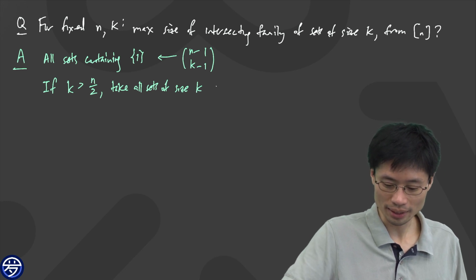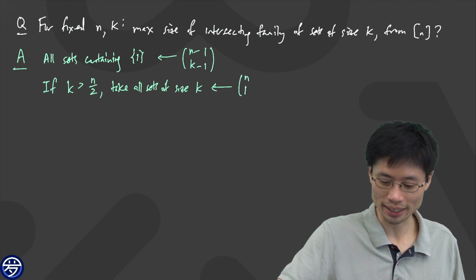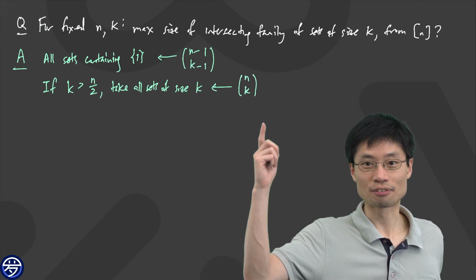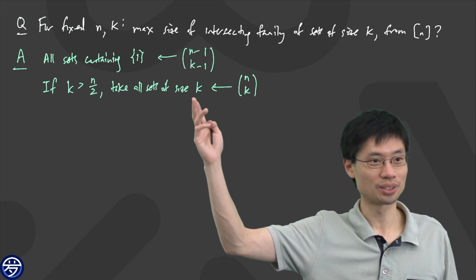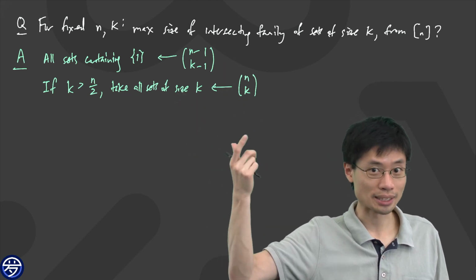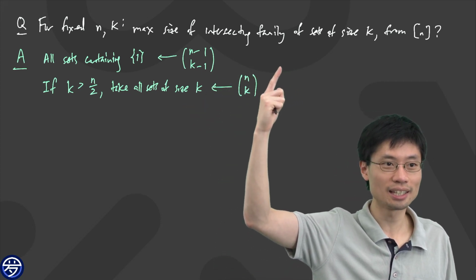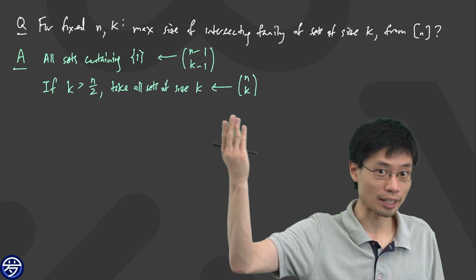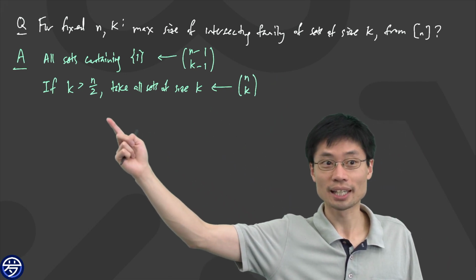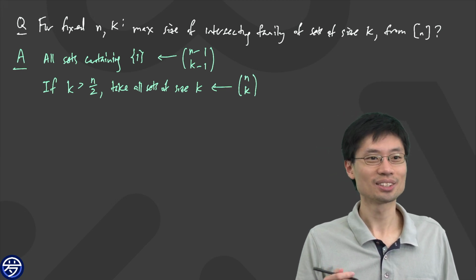And what this gets you is n choose k, which is in fact always bigger than n minus 1 choose k minus 1 by this Pascal's triangle type identity. With Pascal's triangle, n minus 1 choose k minus 1 plus n minus 1 choose k equals n choose k. So this is in fact bigger. But that only works when k is bigger than n over 2. Okay. Is there anything else that we can do?